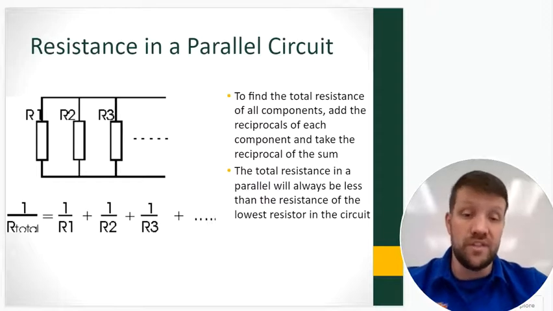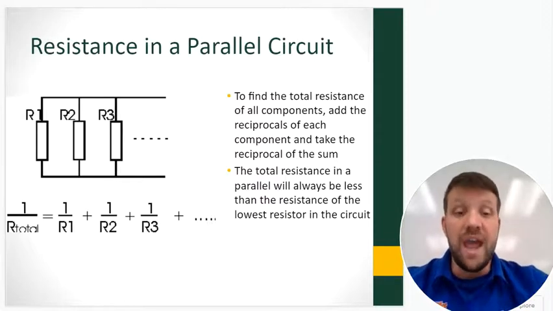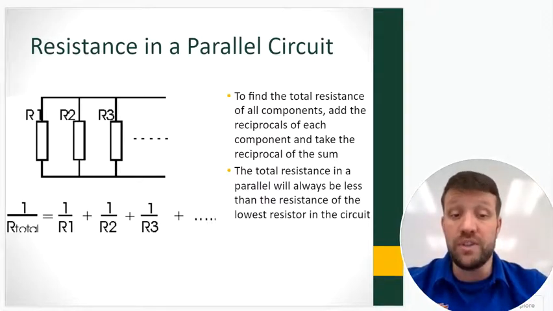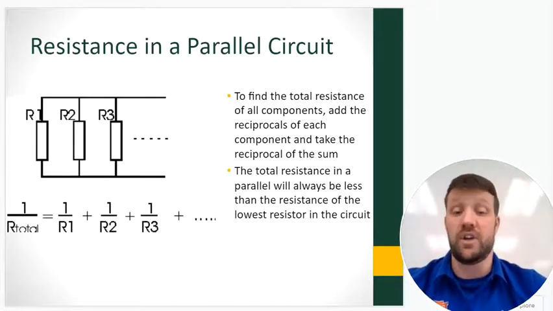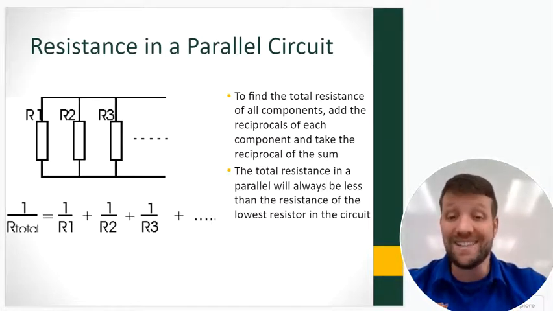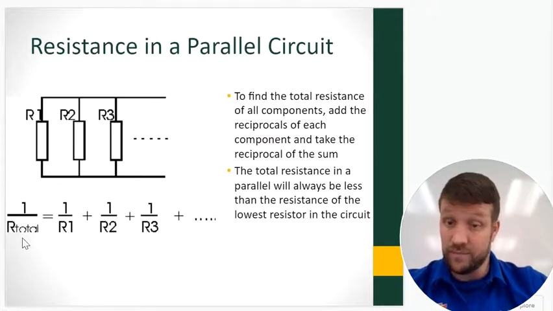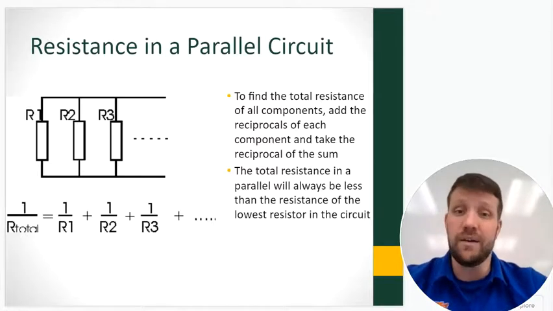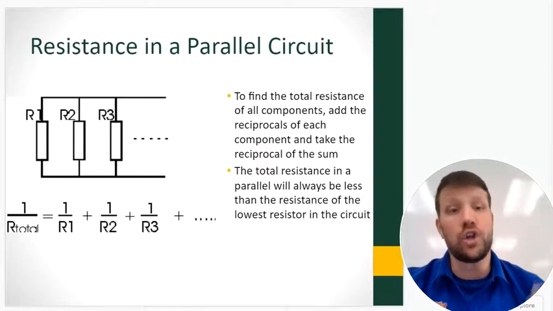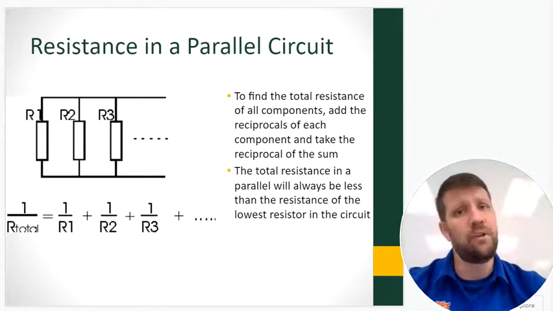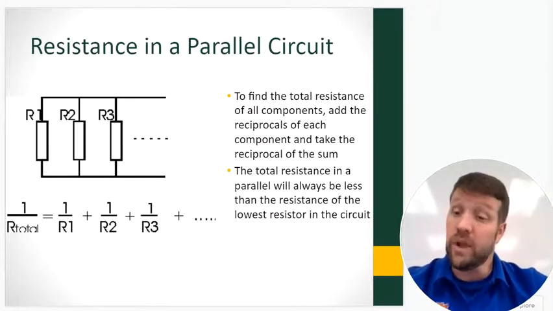So to find that total resistance, we're going to add the reciprocals all together, and that means that the total resistance in a parallel circuit will always be less than the lowest resistor. So whichever one of these is the smallest, this will be less than that. And so we can get a lot of oomph for our current, that's a weird saying, but whatever, out of what we're seeing here, okay?